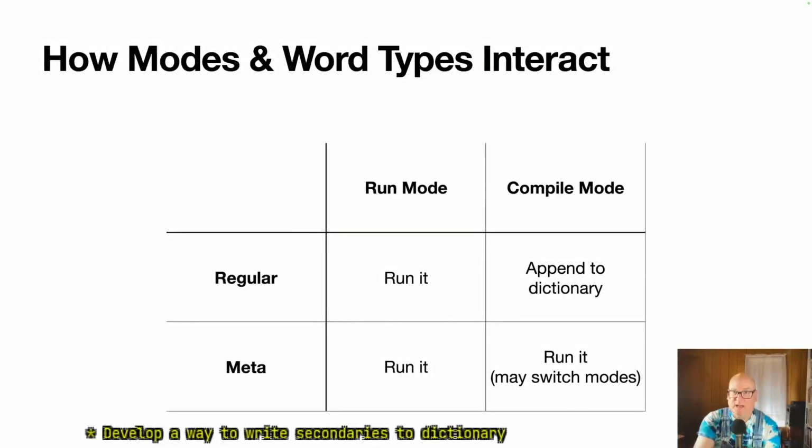Okay, so I'm not quite sure of the best starting point. Well, okay, we don't have compile mode yet, right? So maybe let's get the metas going in run mode, and I think we'll get colon and semicolon, and maybe in our first version of them, they're just going to echo the word instead of running it.